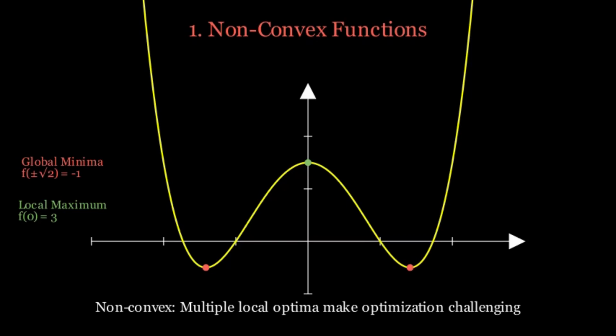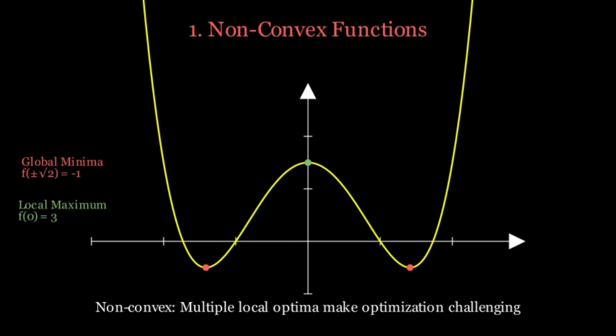This is a classic non-convex function. Multiple peaks and valleys create a challenging optimization landscape. An algorithm starting from the wrong place might find a local optimum instead of the global one. The key challenge: how do we ensure we find the true global minimum at negative 1 rather than getting stuck at the local maximum of 3?